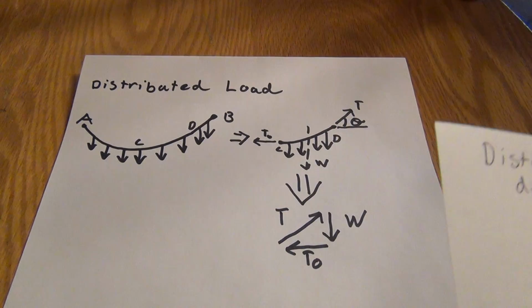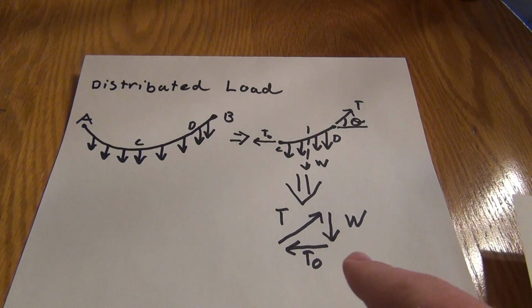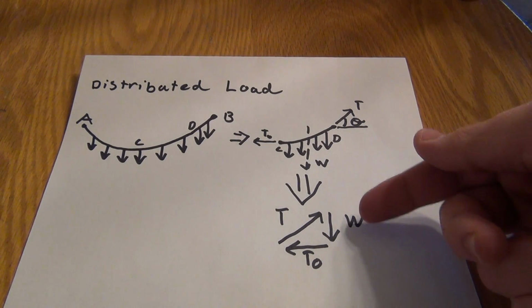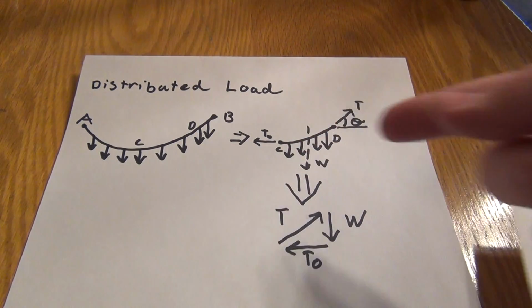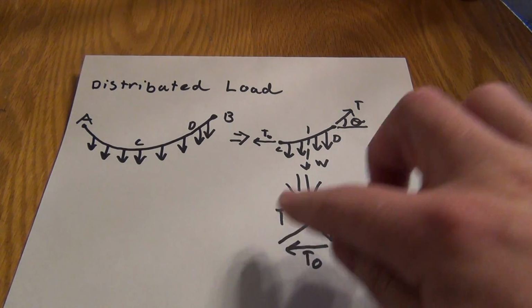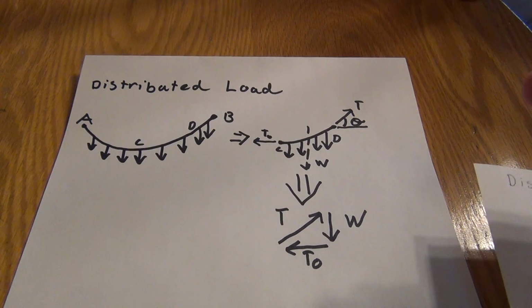It's downward. With these, we can draw a force diagram, like we've used previously, to show the distributed load W downward, the horizontal tension load at point C, and the diagonal tangent tension at point D. This shows that the cable is in equilibrium.